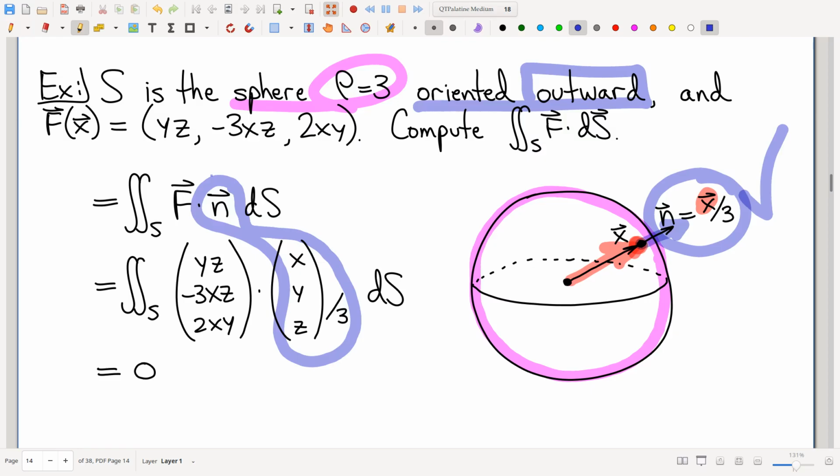Now, do we score? Does this actually help us? Sometimes it does, sometimes it doesn't. In this case, we can look at our vector field, the thing that we're doing the flux of. We put that in there like this, and you just have to multiply it out and see. In this case, it turns out it doesn't leap off the page at you.